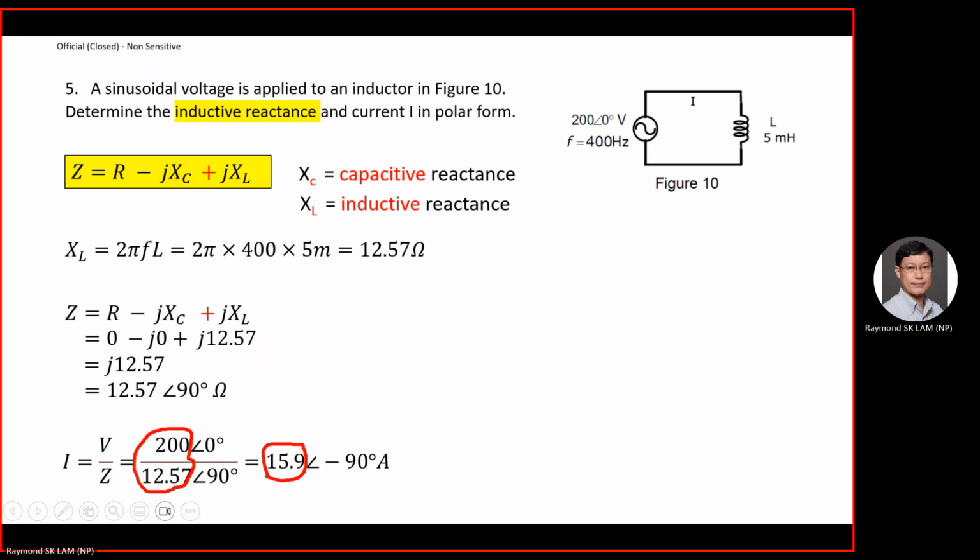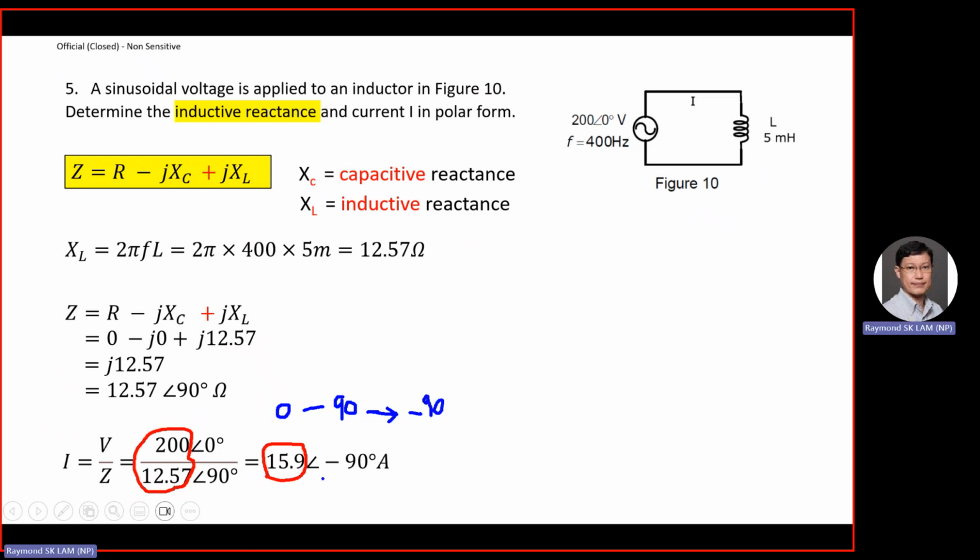This is the third time I repeat already, for those students who are unsure. For the angle part, the rule is the angle on top, for example 0 degree, minus the angle below. The angle below here is 90, right? So 0 minus 90, you get minus 90.